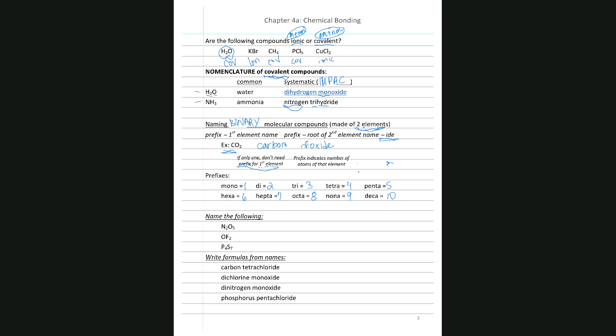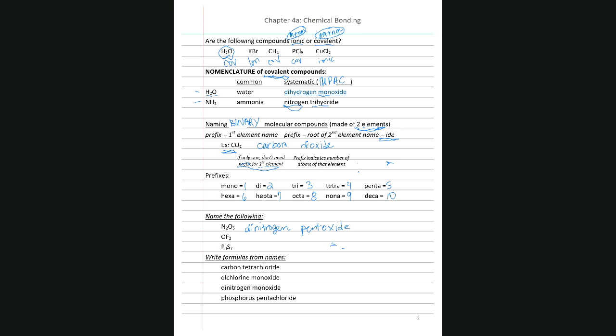Yes, so we have dinitrogen. And then what would the prefix be for the oxygen? Penta. So we're going to call it pent. We'll drop the A because penta-oxide would be weird. So pentoxide.